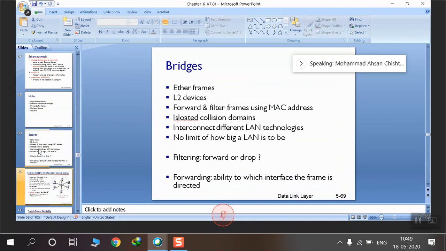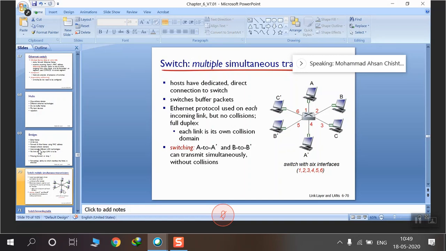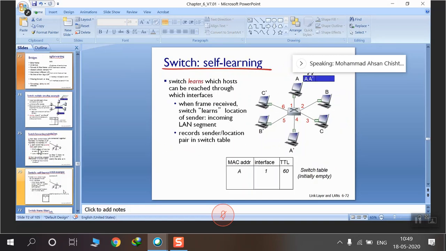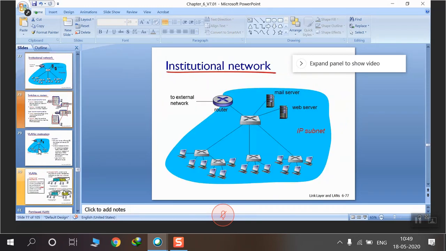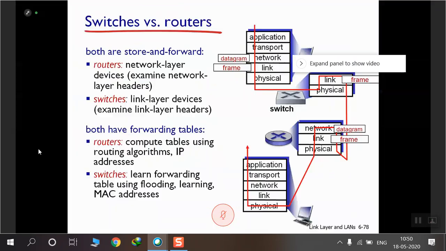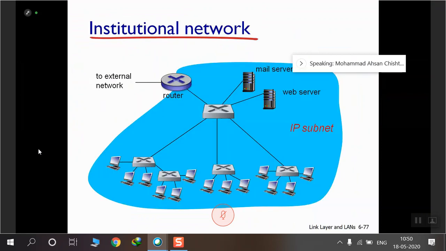We can't have many tiers of layers. Compared to this, we move to the next one, that is bridges. Bridges are known as layer 2 devices, they work on frames. So they know about the MAC address. They do filtering and forwarding, which we discussed in our previous class.